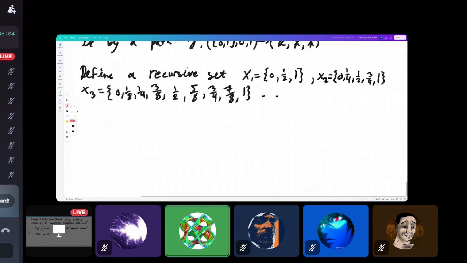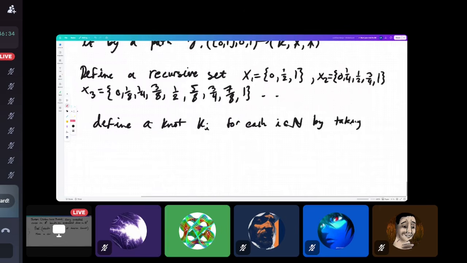We define a knot Ki, for each i in the natural numbers, by taking gamma of Xi.